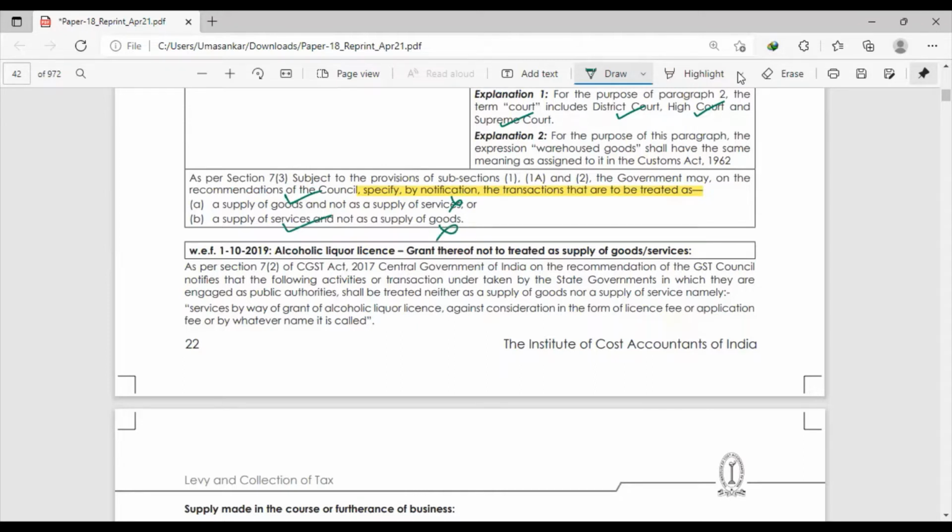So 7 subsection 3 will help. It will come when the government will notify some of the transactions to consider that as goods, not services, and to consider as services, not goods. It will just help you like that.